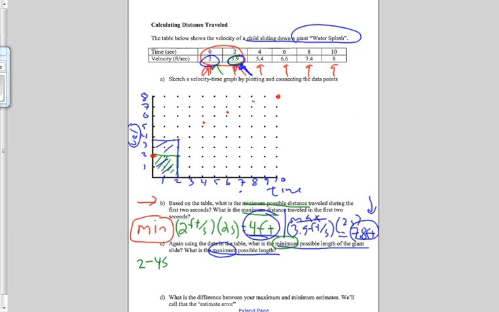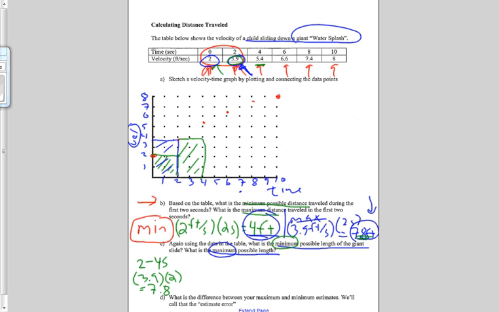So we're either going to use 3.9 or 5.4. 3.9 is the smaller. So let's draw a box here, go down. And so our minimum distance between 2 to 4 seconds is 3.9 times 2, which is 7.8. Notice that that's the distance we got there.